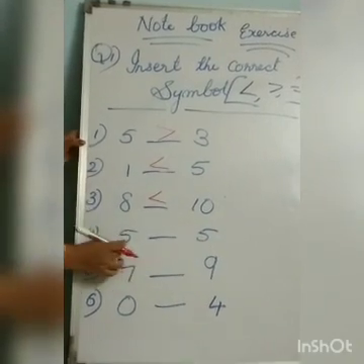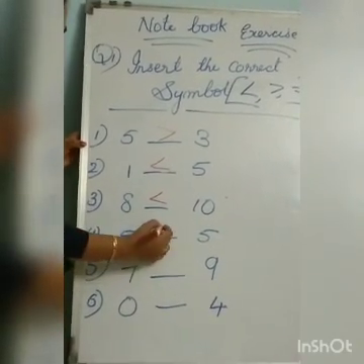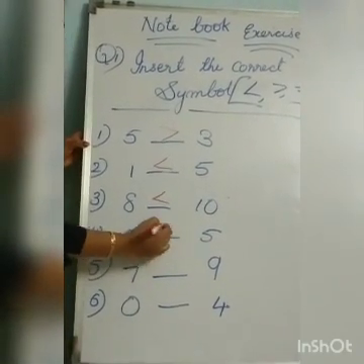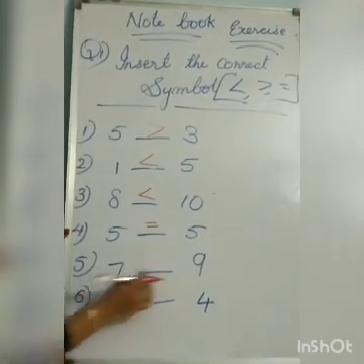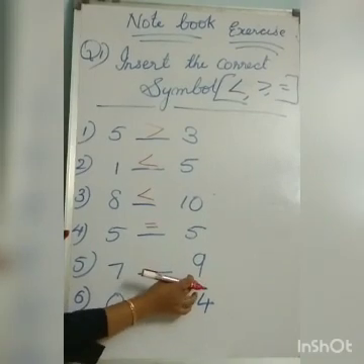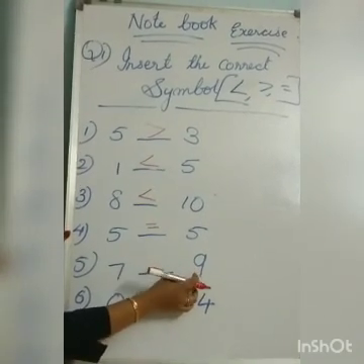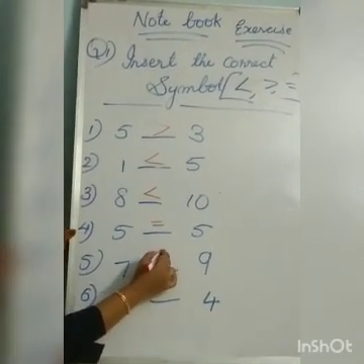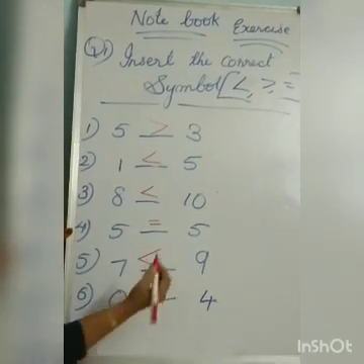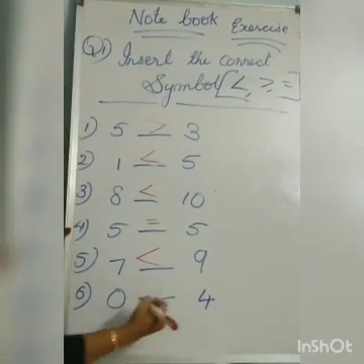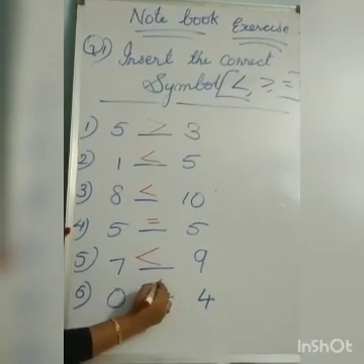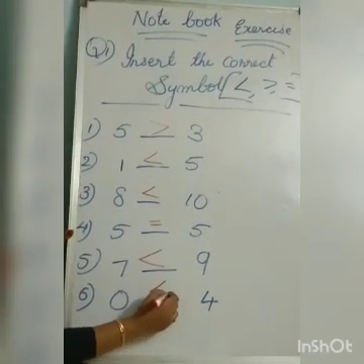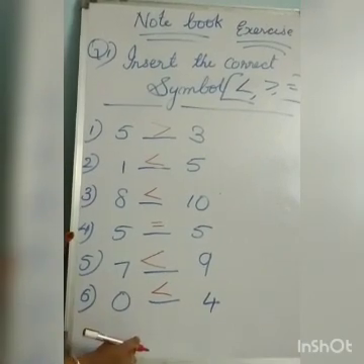Both the numbers are the same, so put the equal to symbol. Check the numbers. Which is the bigger number? 9. So the greater than symbol will come. 0 dash 4. 0 is less than 4. All your answers are correct.